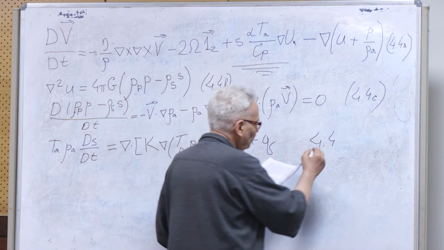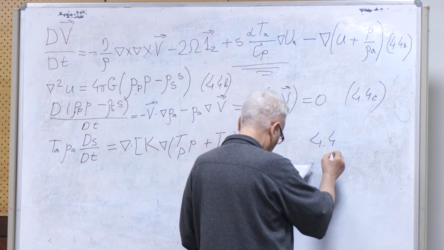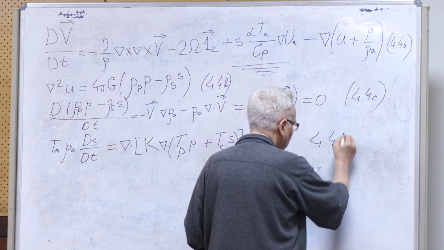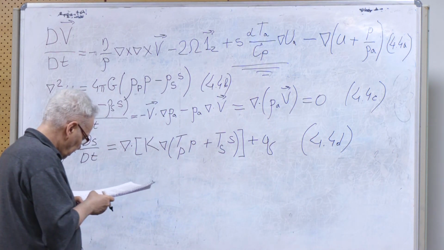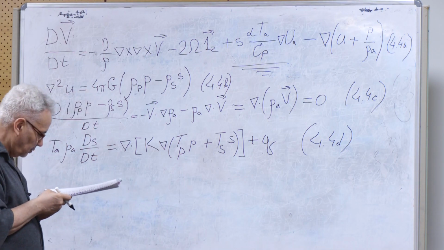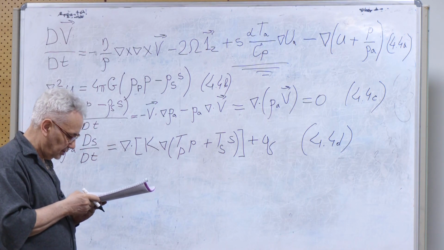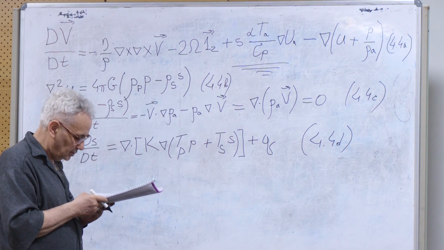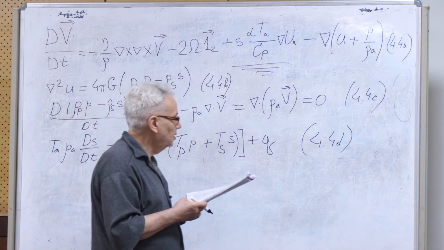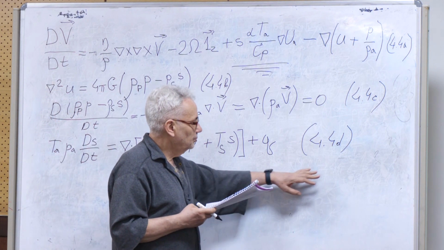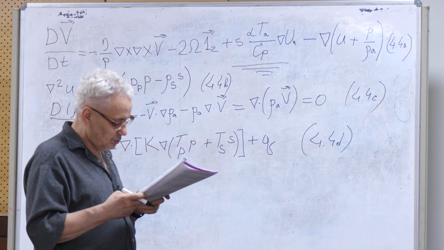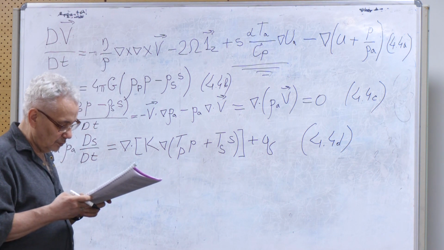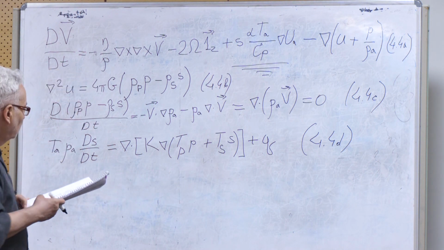So this is 4d. Now the superadiabatic power of volumetric heat source is defined in 4d, and it deserves a special numbering.